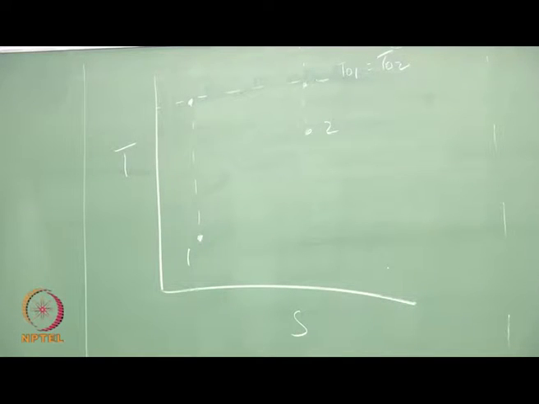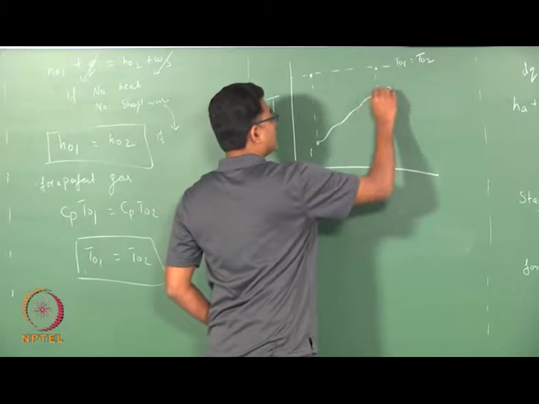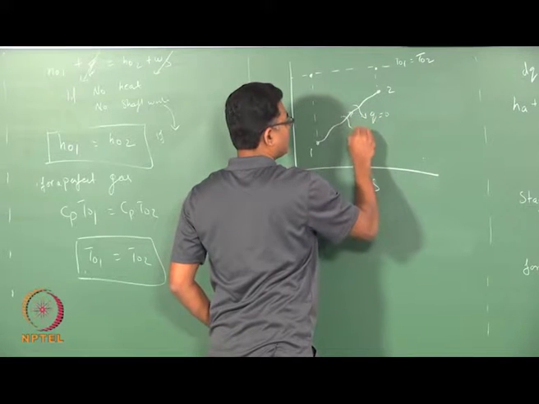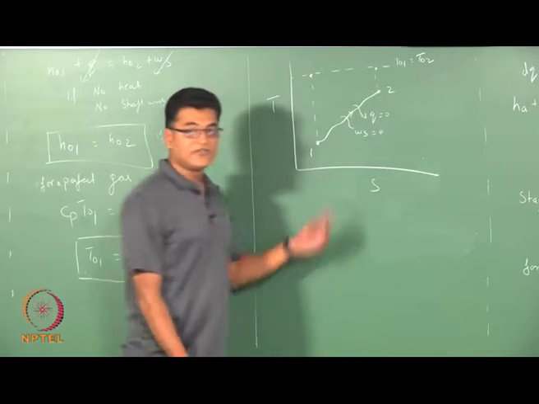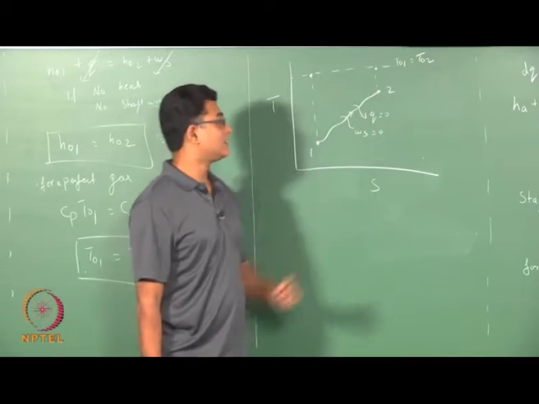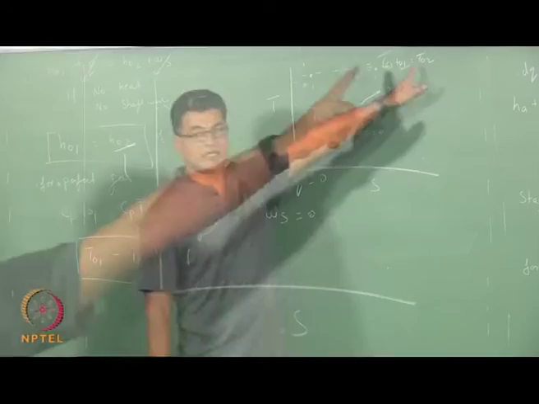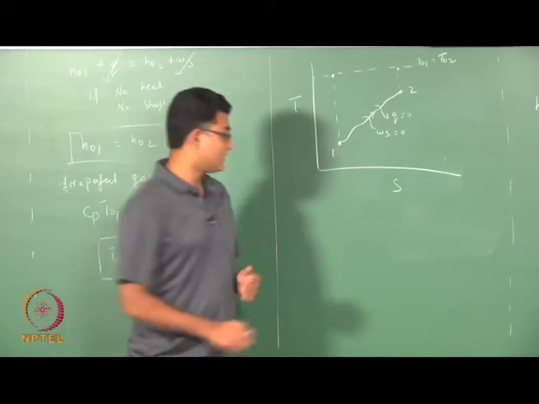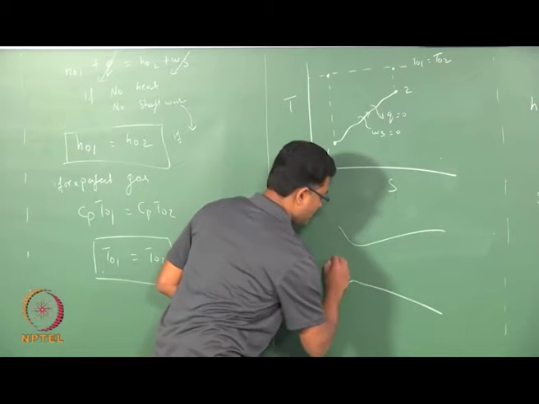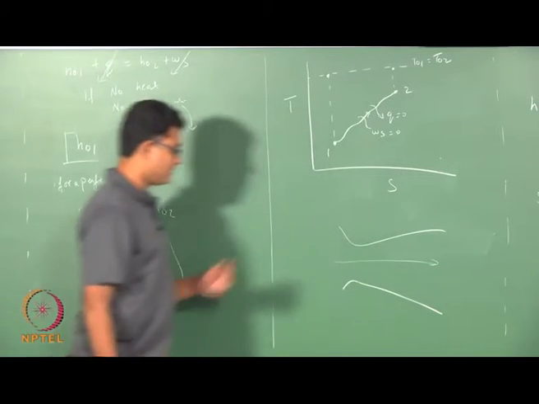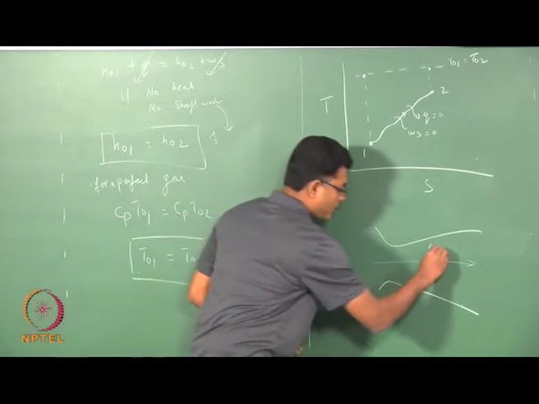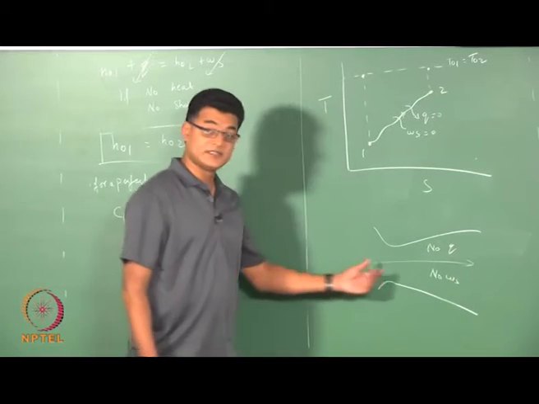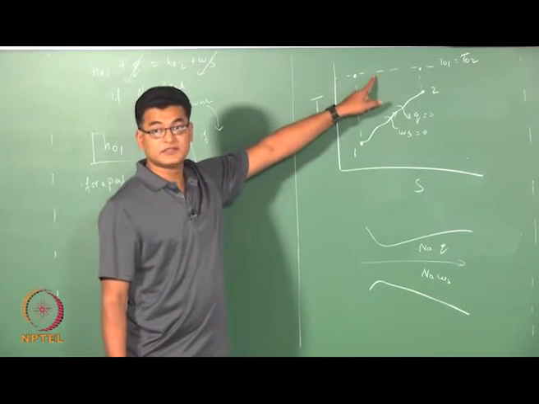Okay. So remember there is no Q and no Ws. Shaft work is 0, the heat supplied or heat transfer is 0 for this to be valid. So if I have a nozzle, flow is from this side, there is no Q, no Ws. In such a scenario, I can assume this.